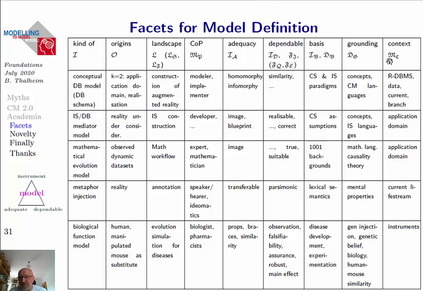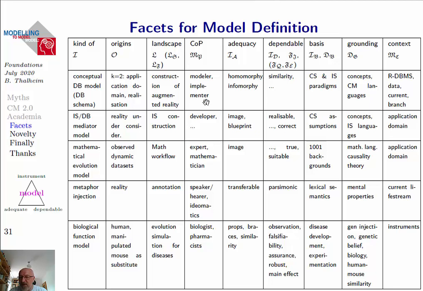And then we can say, okay, fine, a conceptual data model is of course maybe consisting of more than one model and reflects a good number of origins, so that we have some kind of application domain model, we have some kind of realization model, and then we are represented by a conceptual database model. The modeler is interested in that, and the implementer as well, especially if we have prescriptive or prescription models.